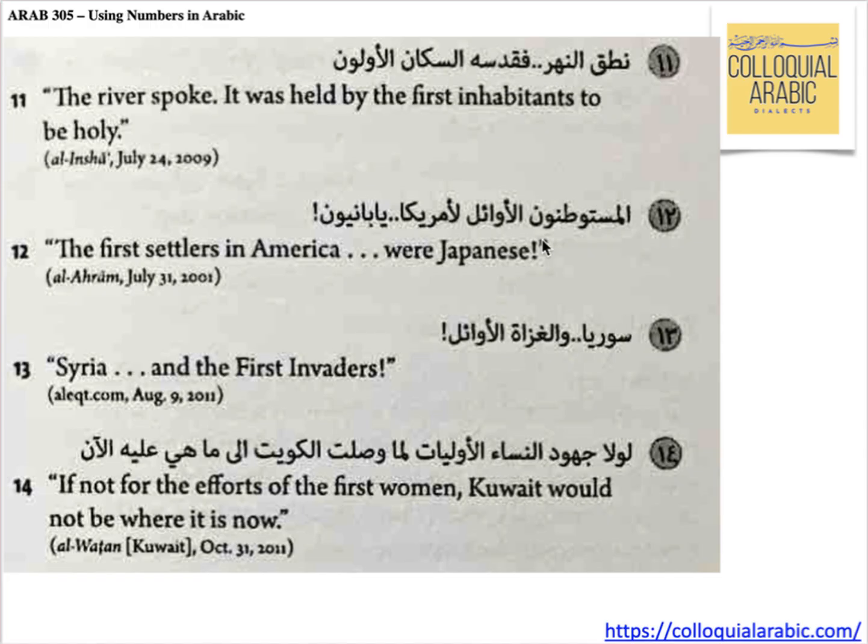Next is the mustawtinun, the settlers, al-awa'il. The first settlers in America are Yabaniyun, or the Japanese.